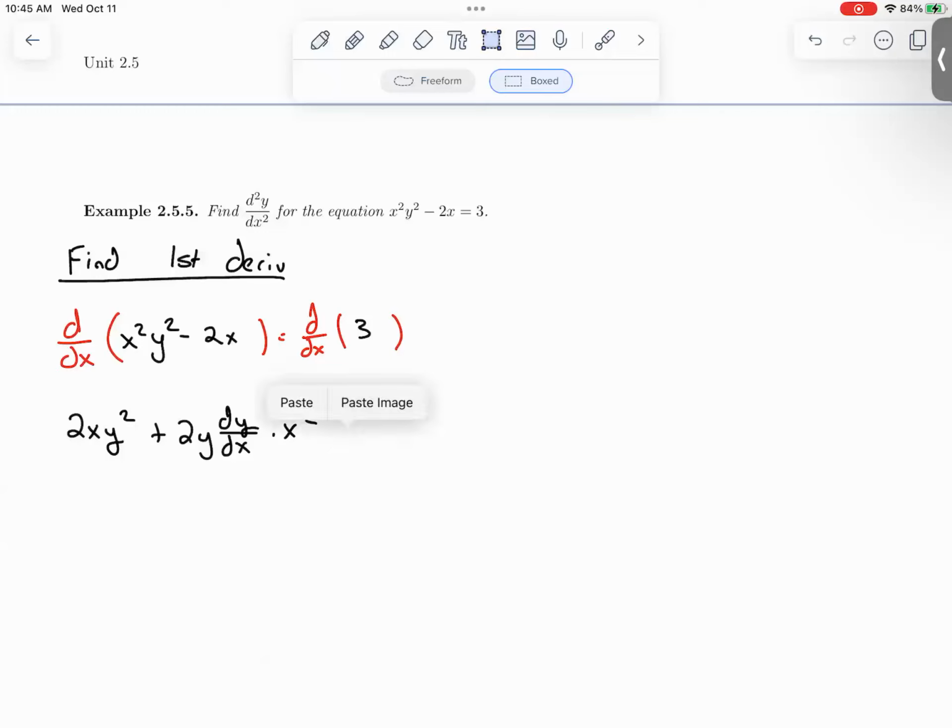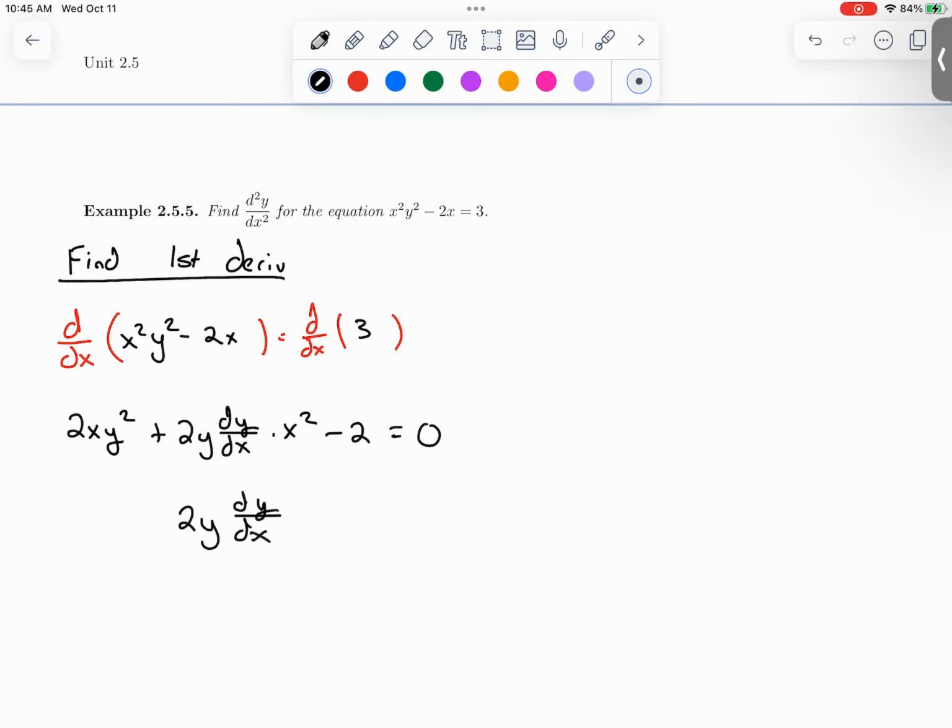Minus 2 is equal to 0. Let's solve for dy dx. All right, so we get 2x squared y dy dx.